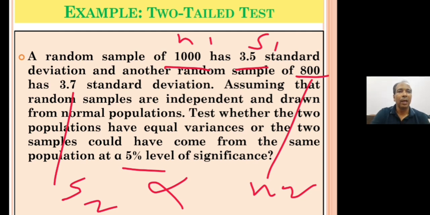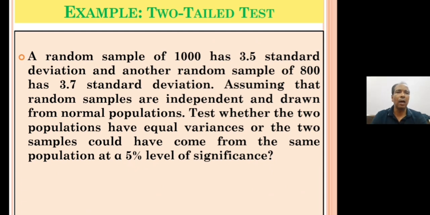Here, assuming that random samples are independent and drawn from normal populations, test whether the two populations have equal variances, or the two samples could have been drawn from the same population at alpha 5%. That is the problem which we are going to solve further.